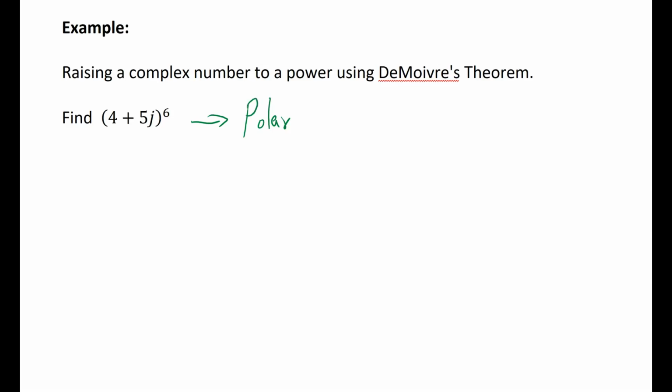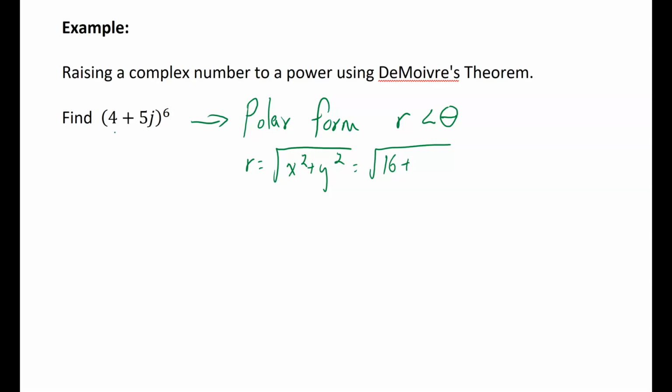In order to put it in polar form, we need r and the angle. Okay, so r is equal to the square root of x squared plus y squared, right? Which is the square root of 4 squared, which is 16, plus 5 squared, which is 25. So this is the square root of, let's see, 25 and 16 is 41.